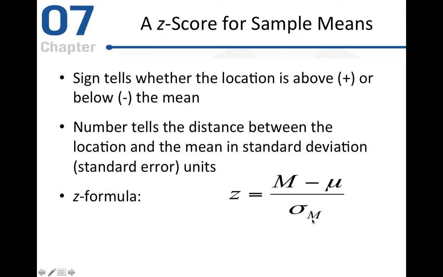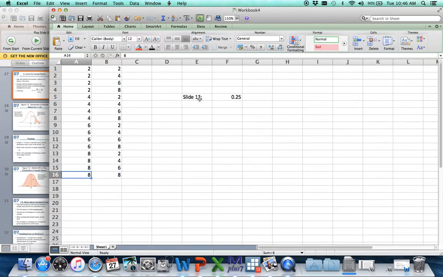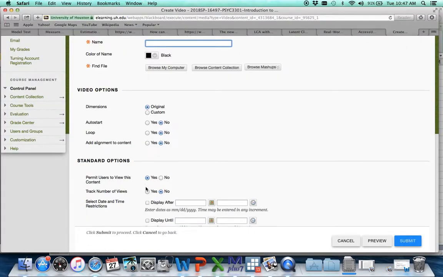So you have to remember order of operations with this. Okay, so remember 42 minus 40, you would put that in parentheses, and then the denominator would all be in parentheses together as well.